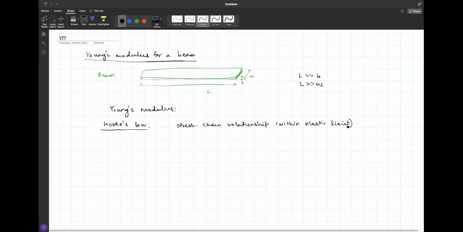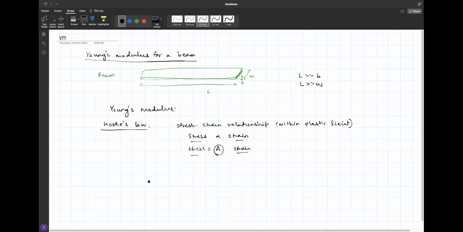It tells that stress is proportional to strain. These are quantities I'm assuming you know already, but since I'm just giving an introduction, I will mention them. The constant of proportionality here is a kind of modulus. You can call it whatever you like; let's say I call it A.